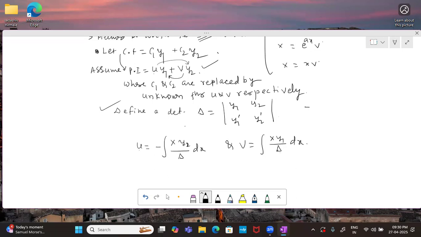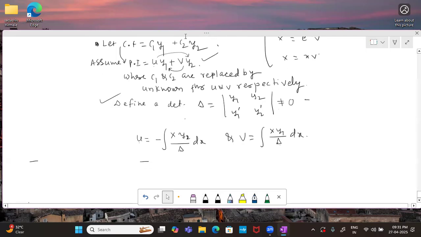Solve this; the result is not equal to 0. Then u is minus integral of X y2 upon delta dx and v is integral of X y1 upon delta dx. Solving these two integrals, we get the result. This is the way to solve the problem.